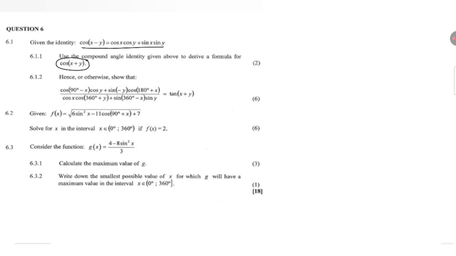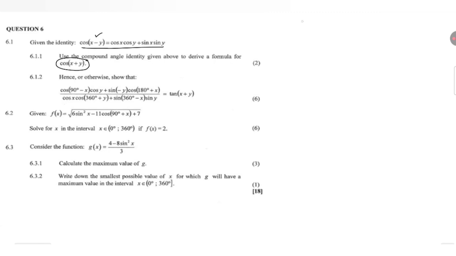From the formula sheet, cos(a plus b) is cos a cos b minus sin a sin b. That is the formula you have to get. You are allowed to use only cos of the difference of two angles. This is the one you have to use.